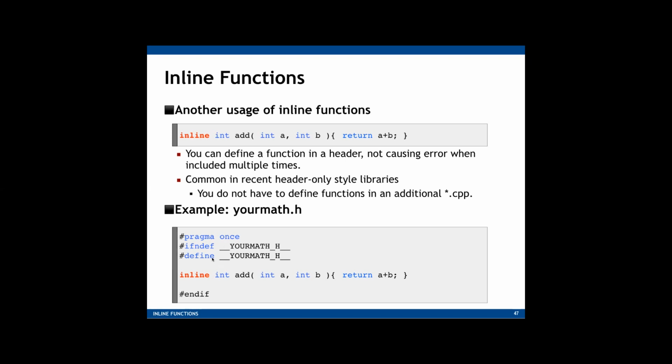In this example, if the macro, your mass age, is not defined before, it will define the macro here, and also it will declare these inline functions. So these two lines only get processed if your mass age is not defined.